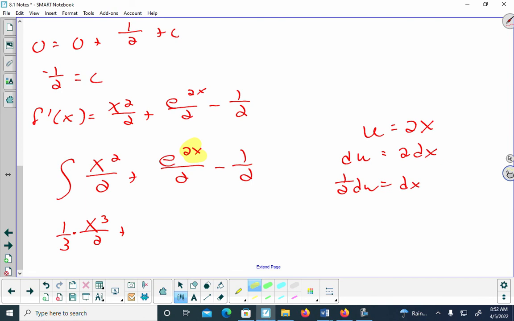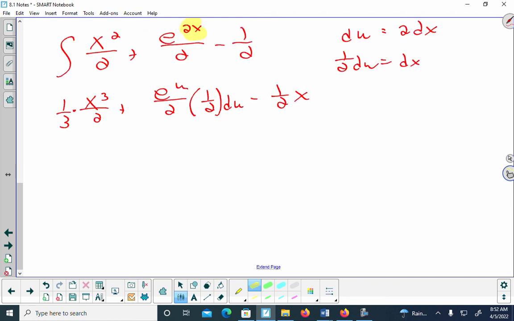So the antiderivative of this would be e to the u over 2 times this 1/2 du. And then the antiderivative of the last term would just be minus 1/2 x. So the function would be x to the third over 6 plus e to the 2x over 4 minus 1/2 x plus c.